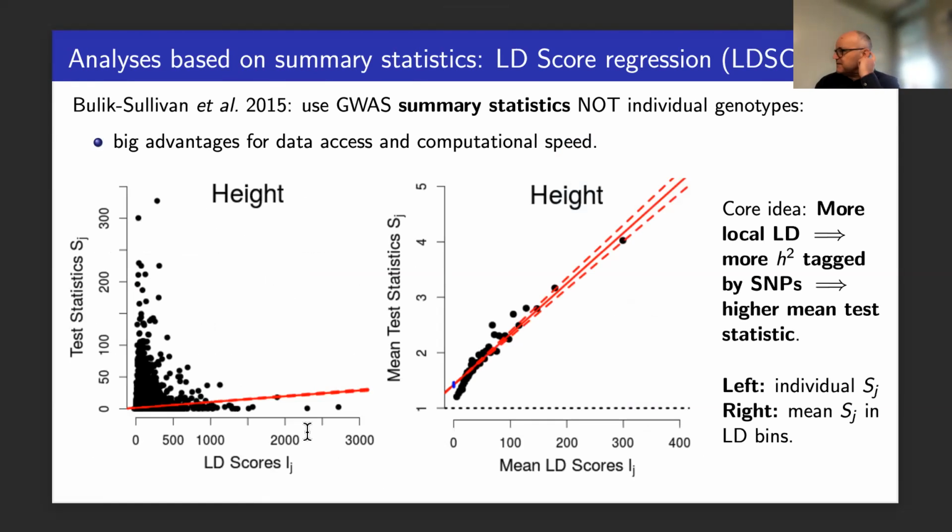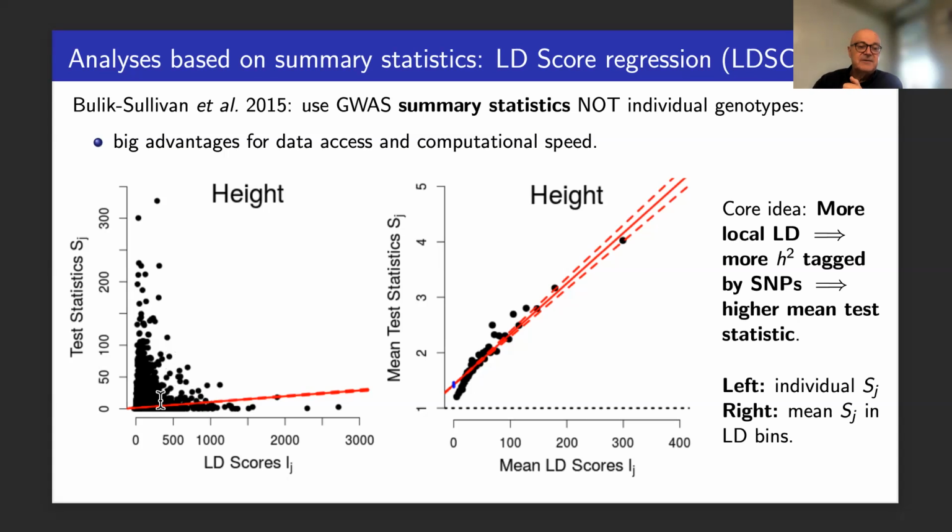I mentioned the seminal paper from the Visscher group in 2010. Another of the big advances in the field was in 2015 with LD score regression, from the Boston group, Bulik-Sullivan et al. This is a picture just to illustrate the general idea. On the left, every dot is a test statistic, and its x coordinate is a measure of LD for that SNP.